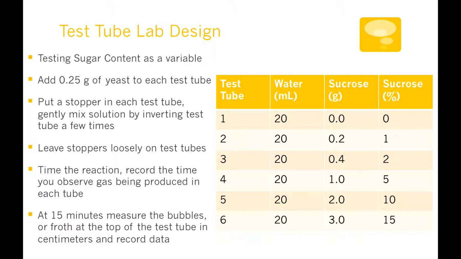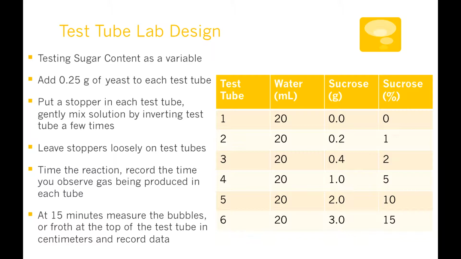Then we set up each test tube with 20 mLs of water and varying grams of sucrose. So we are varying the amount of sucrose in each solution. We're keeping our yeast constant, and we have a control in test tube 1. A control is to ensure that there are no other variables being tested in the experiment. So if we just mix yeast and water, there should be no CO2 production.